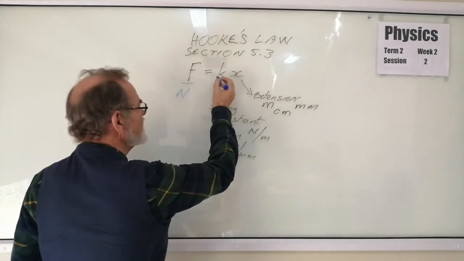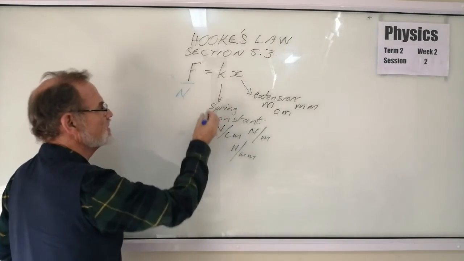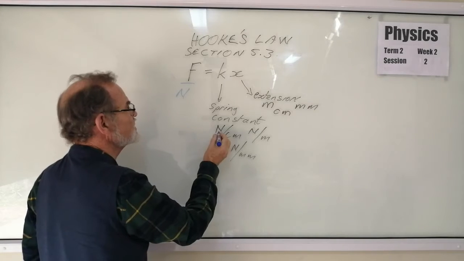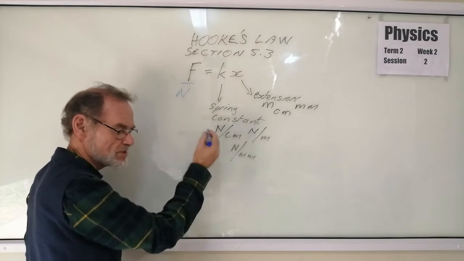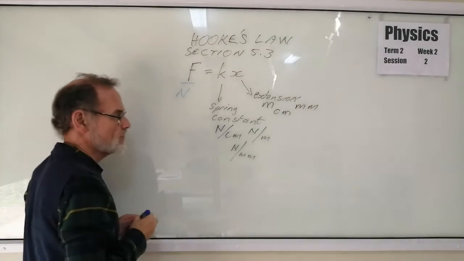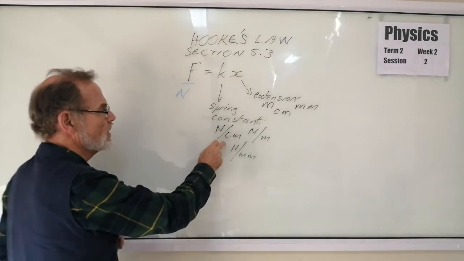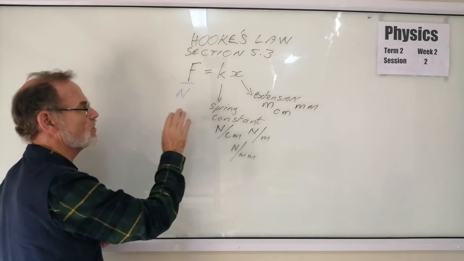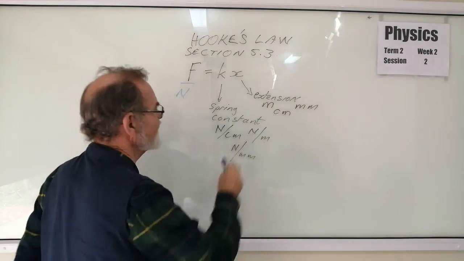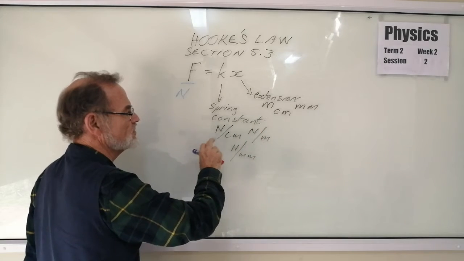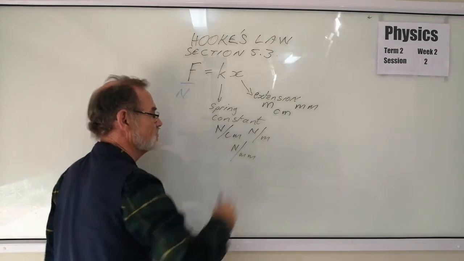This K is the spring constant, and this is newtons per centimeter, or newtons per meter, or newtons per millimeter. Any length you like, but you've got to make sure what length they're using, and then you have to stick to the same length. Same, the extension. If this is in centimeters, this must be in centimeters.